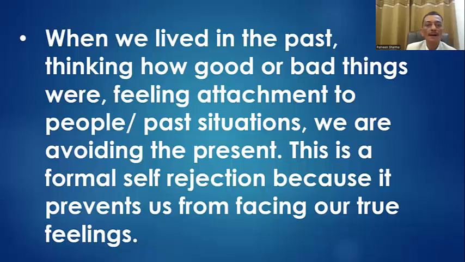When we live in the past, thinking how good or bad things were, feeling attachment to people and past situations, we are avoiding the present. This is a form of self-rejection because it prevents us from facing our true feelings.